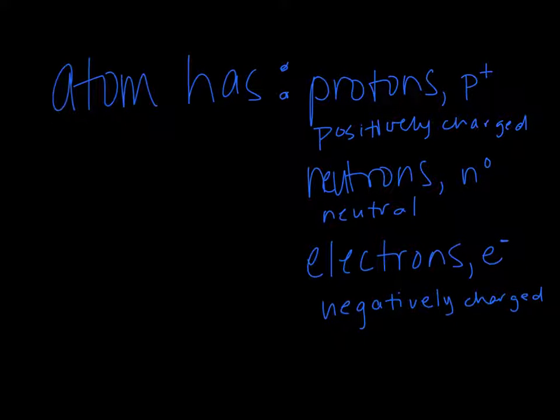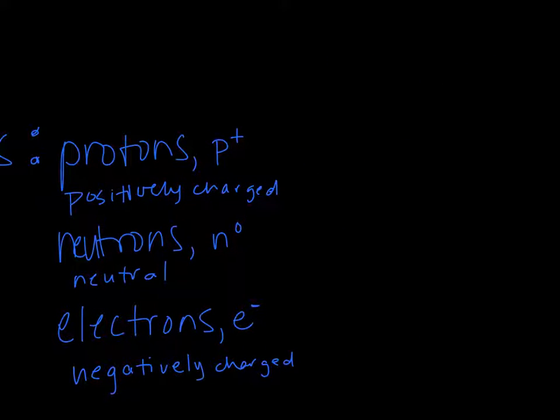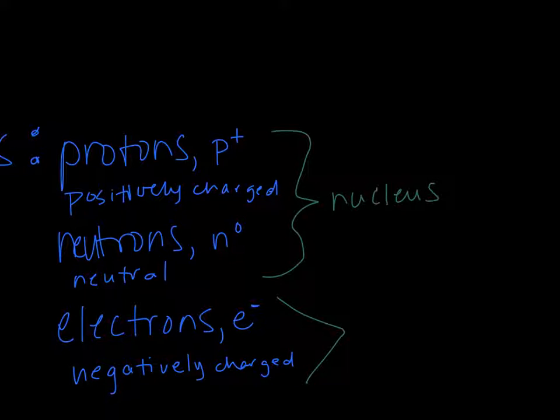So if we go over here, the protons and the neutrons are in the nucleus of the atom, while the electrons are in the electron cloud, outside of the nucleus.